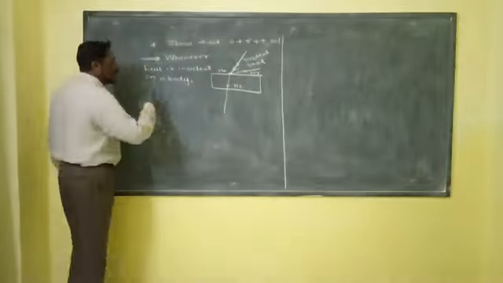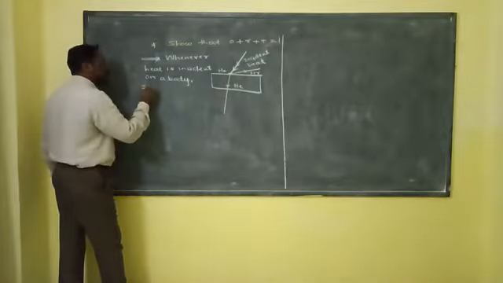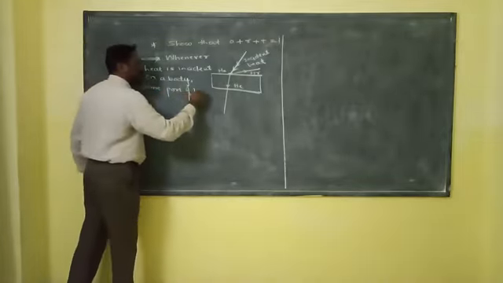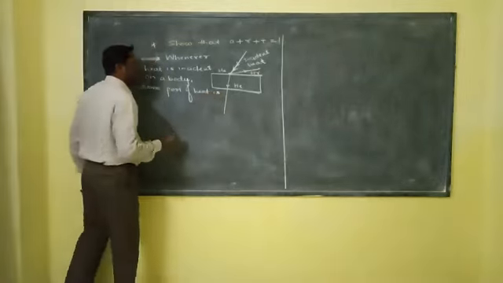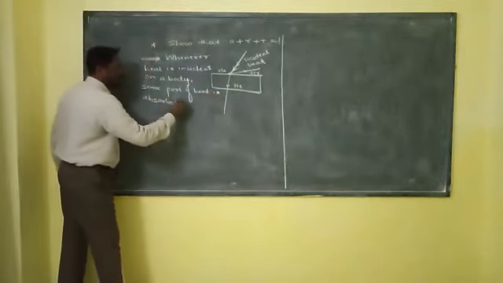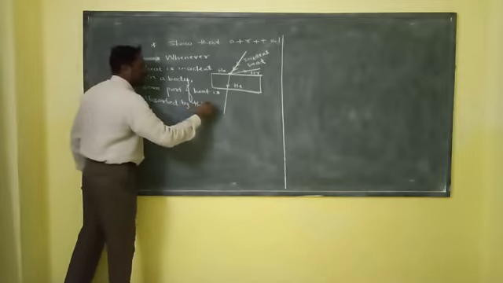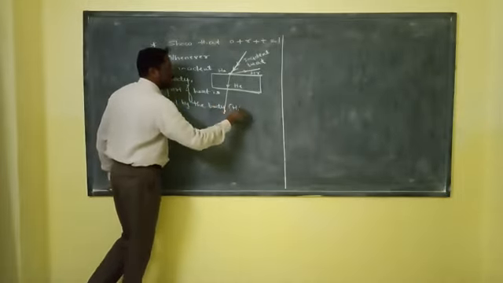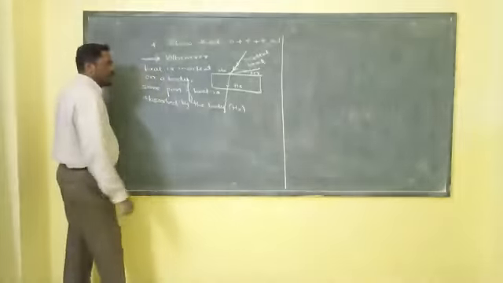what happens whenever heat is incident on a body? Some part of heat is absorbed by the body, represented by the factor HA.